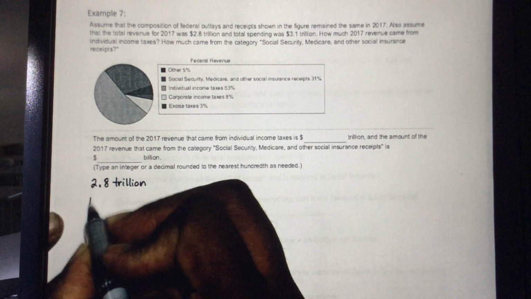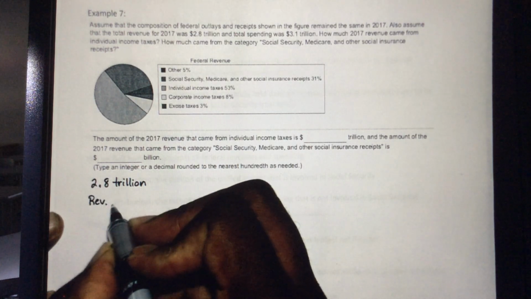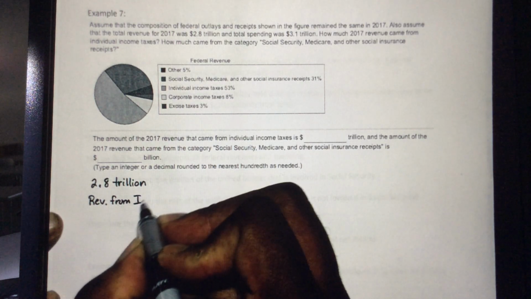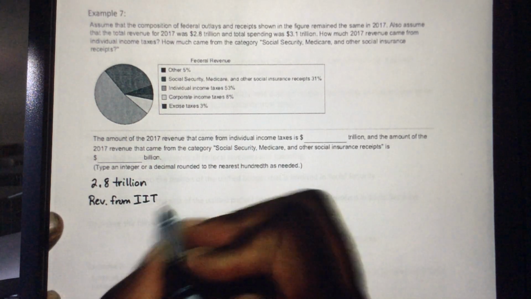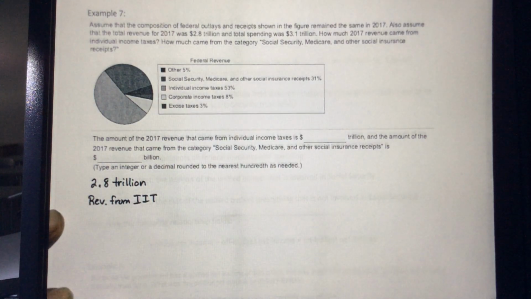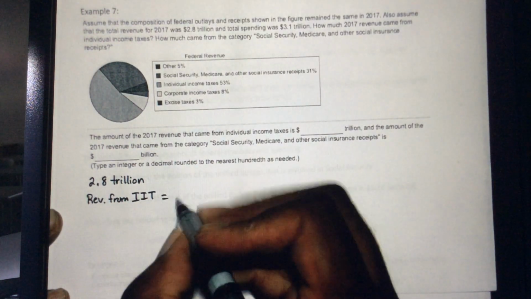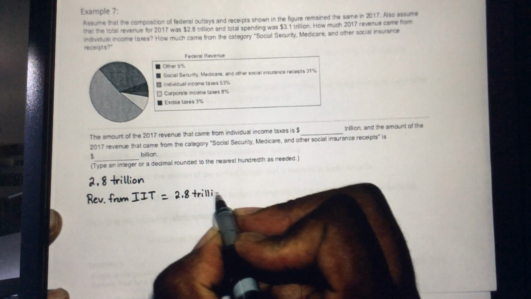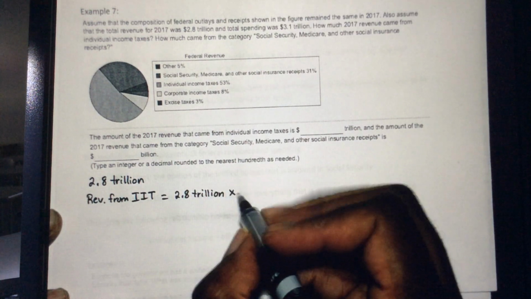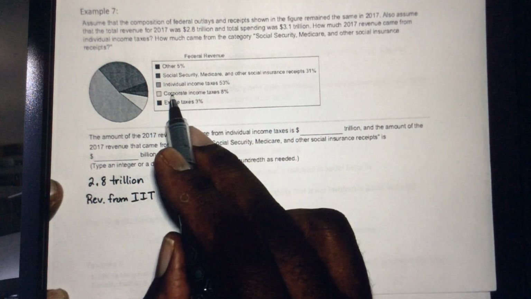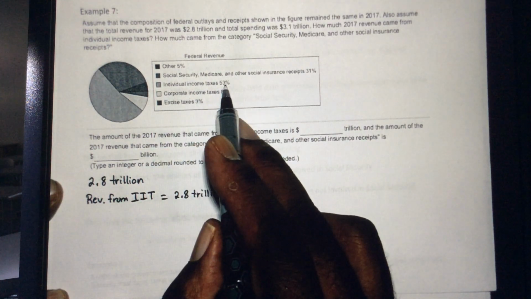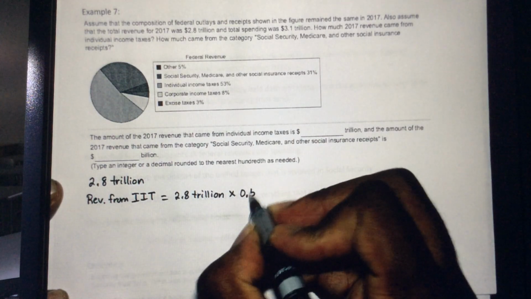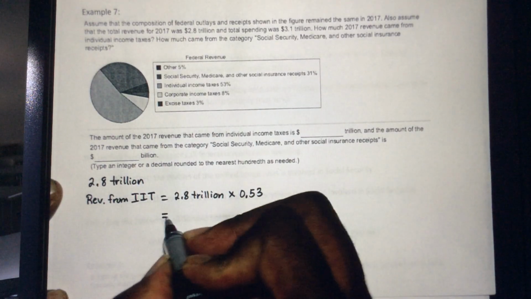To find the revenue from individual income taxes, IIT, that's going to be 2.8 trillion multiplied by, now for the individual income taxes it says 53%. 53% as a decimal will be 0.53.